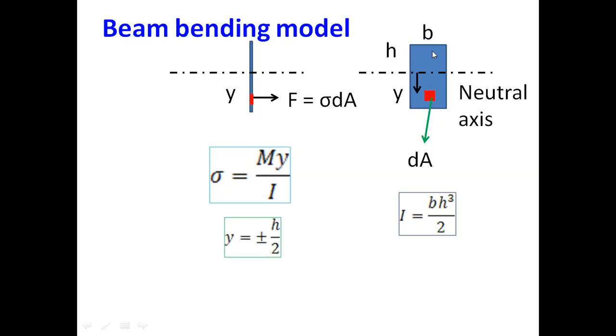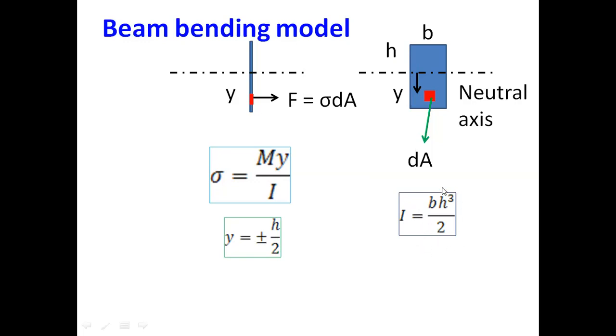Also, for a rectangular cross section, if the neutral axis passes through the height, then the mathematical model for I, the second moment of area, would be b h cubed by 12.